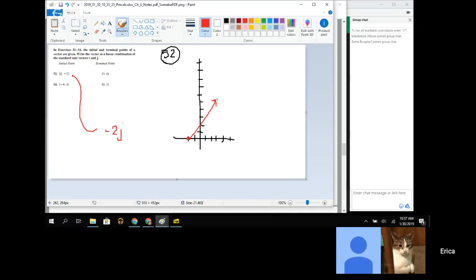And 3, 6 is going to become 3i plus 6j. Then to write a linear combination of the two of them, I'm just going to add them together. So what is -2j plus 3i plus 6j? It is 3i, right?